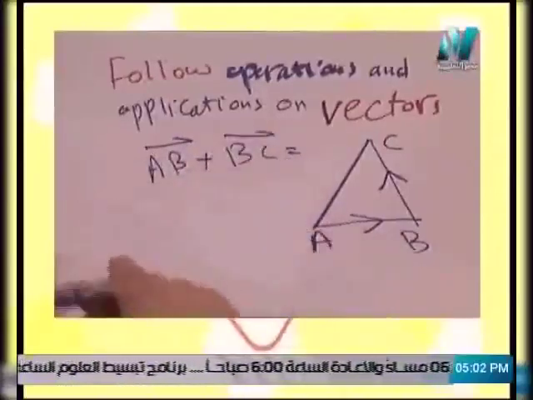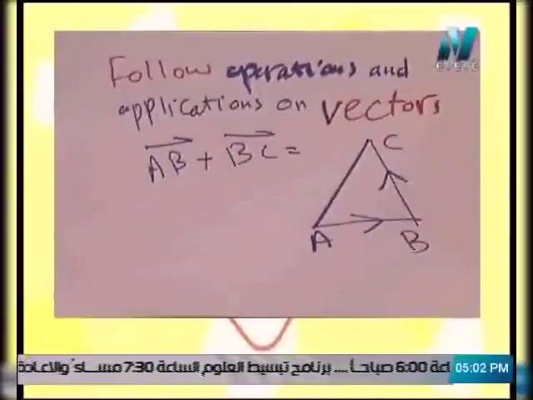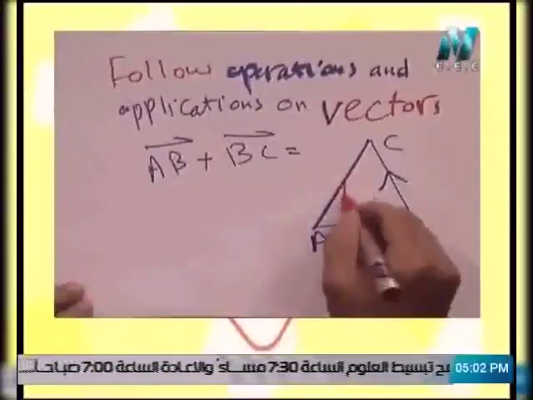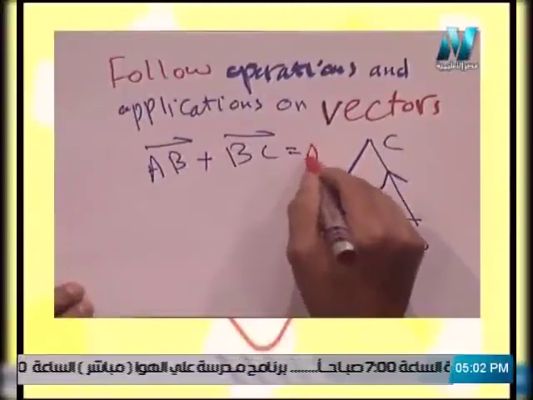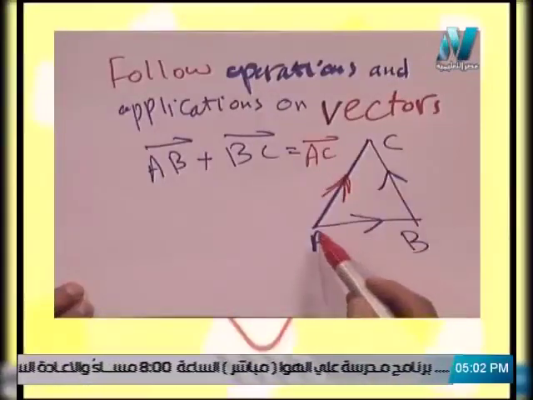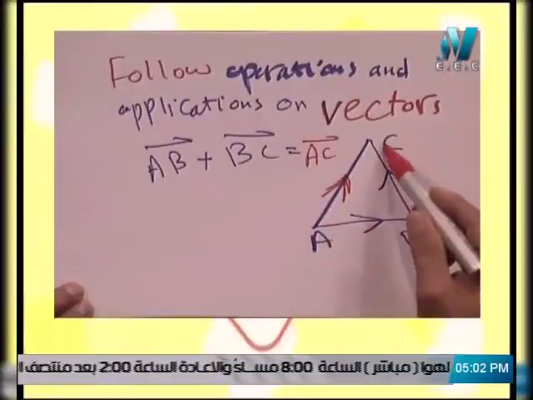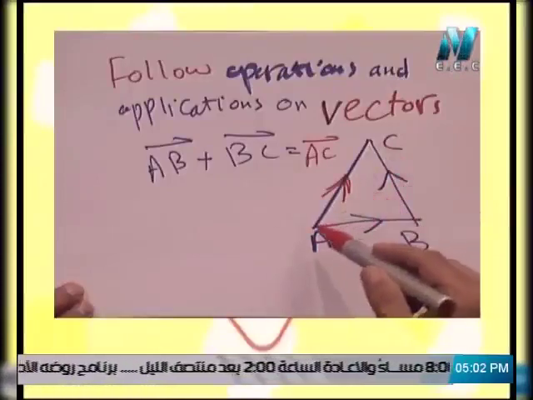Students who remember, say it will be, of course, AC. So the vector AB plus the vector BC equals the vector AC.